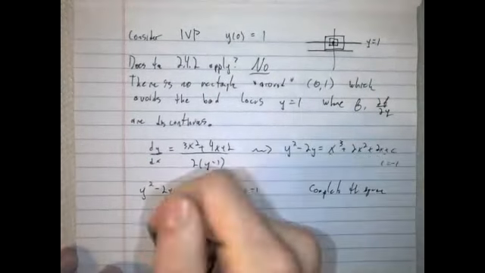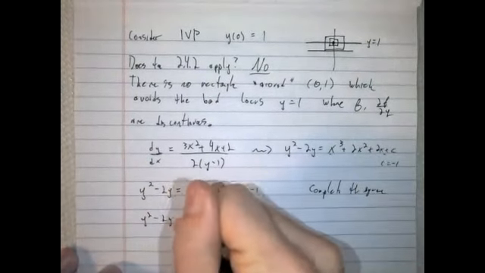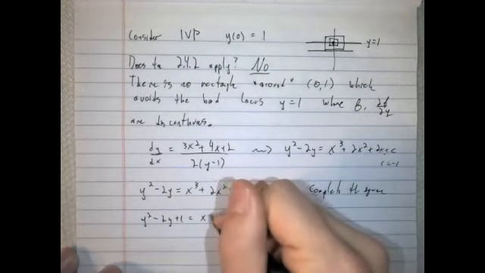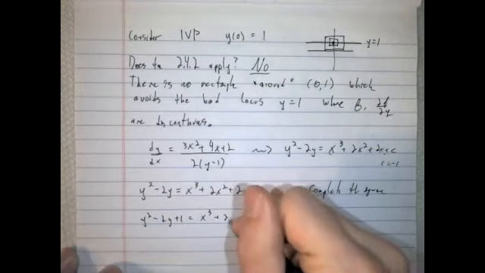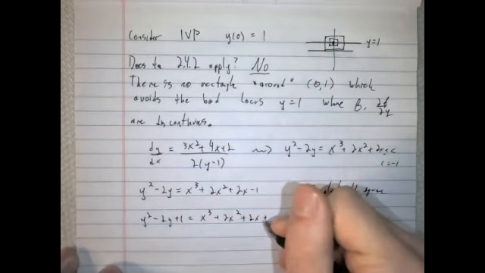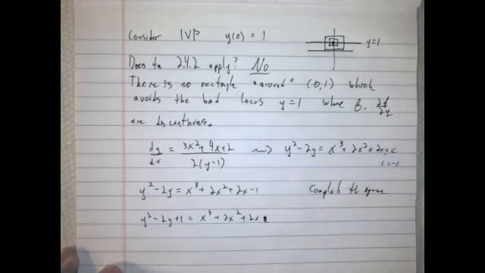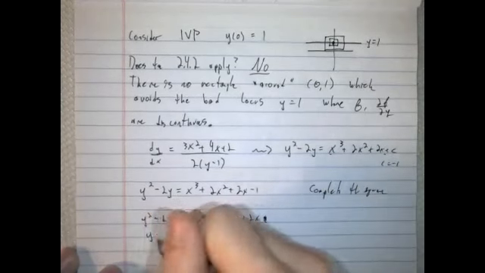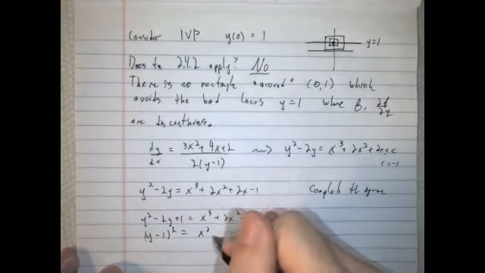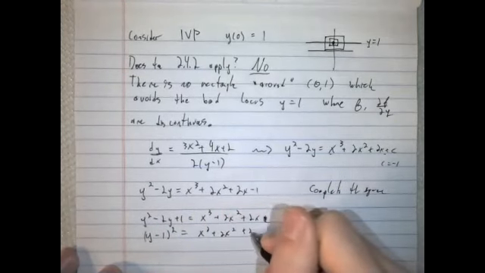And what I get is y squared minus 2y plus 1 being equal to x cubed plus 2x squared plus 2x minus 1, minus 1 plus 1, so it'll just be this. So y minus 1 squared is equal to x cubed plus 2x squared plus 2x.